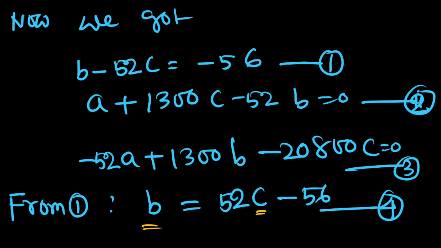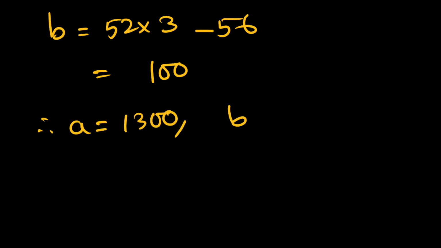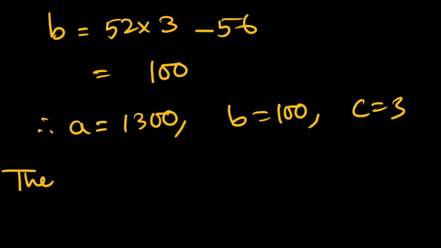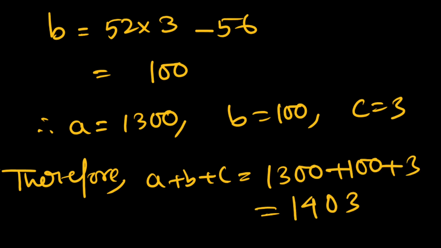Put the value of c: b is equal to 52 times 3 minus 56. Multiplying this, we get 100. Therefore a is equal to 1300, b is equal to 100, and c is equal to 3. Therefore the value of a plus b plus c is 1300 plus 100 plus 3, that will be 1403. So option 3 is the correct answer.